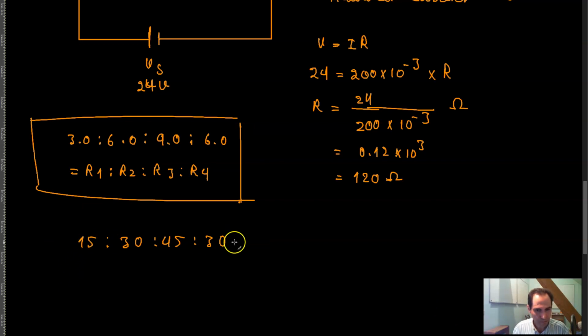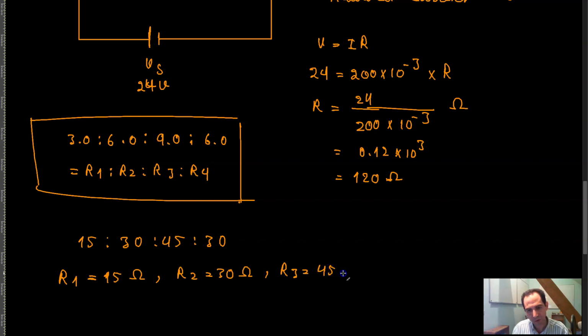As you saw, I multiplied each of these numbers by a factor of 5. So 5 times 3 is equal to 15, 5 times 6 is equal to 30, 5 times 9 is 45, 5 times 6 is 30. That means that R1 is equal to 15 ohm, R2 is equal to 30 ohm, R3 is equal to 45 ohm, and R4 is equal to 30 ohm.